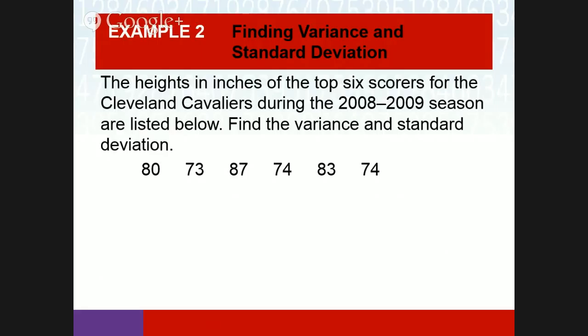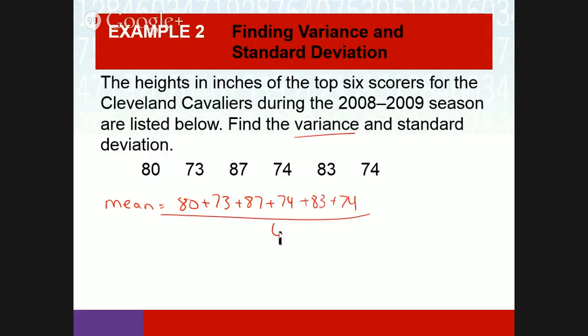The first thing you have to do is find the mean. So we're looking at these 6 top scores. To find variance, the first thing we need to do is find the mean, which is 80 plus 73 plus 87 plus 74 plus 83 plus 74, divided by 6.